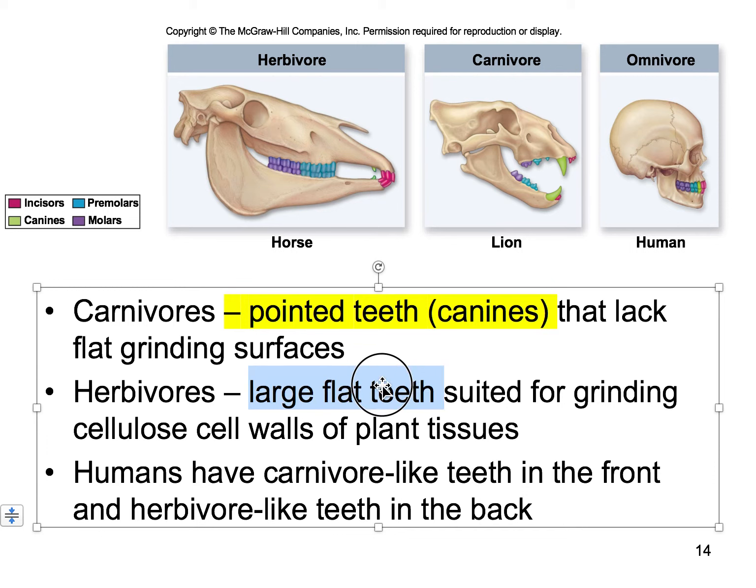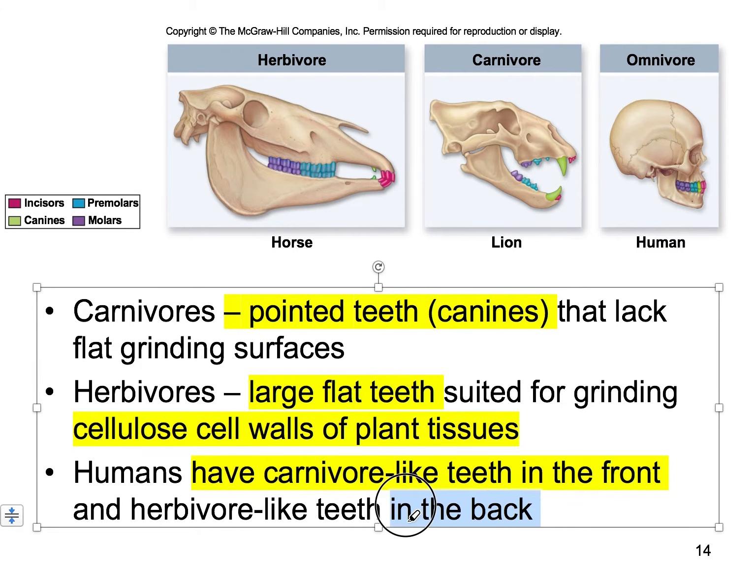They have huge, large, flat teeth, which are useful for grinding the cell walls of plant tissues, the cellulose in plant wall tissues. As we'll talk about, cellulose is really hard for some organisms to digest, so having big, flat teeth helps with that. And then humans and other omnivores have a mix. We've got the sharp carnivore-like teeth out in the front, and then we have the big, flat herbivore-like teeth in the back.